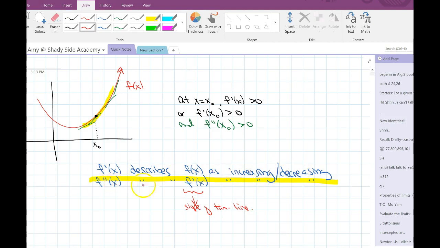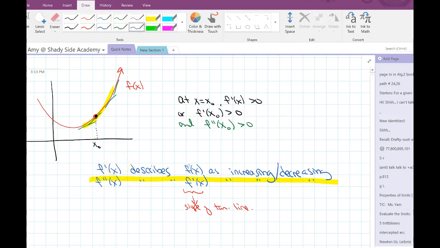F double prime of x describes whether the slope of the tangent line is increasing or decreasing. And if you look over here, at that moment at x naught, you can see that not only is the function increasing, but the slope of the tangent line is also increasing, right? Because at that moment at x naught, the slope of the line tangent is positive, but then it becomes more positive.